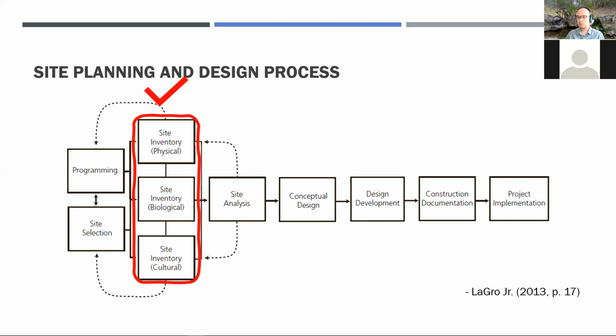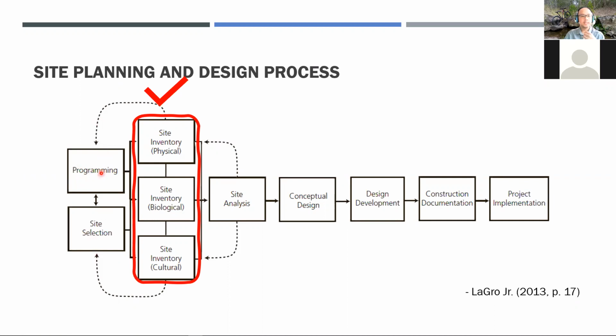Last week I mentioned the initial stage of site planning, which includes programming and site selection. Let's just assume that we already have a site, an imaginary site, or maybe you have found a potential site to develop for this semester's main task.